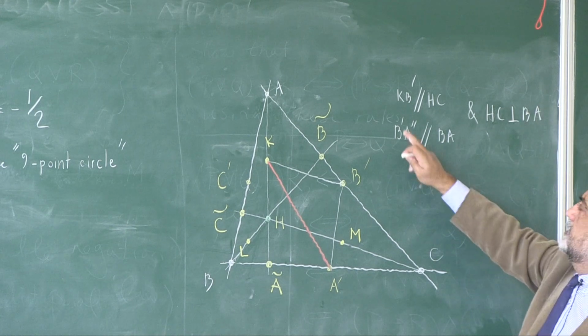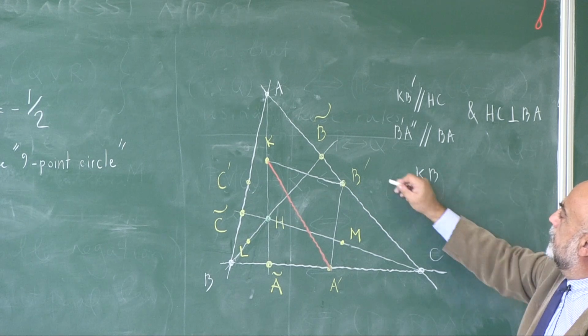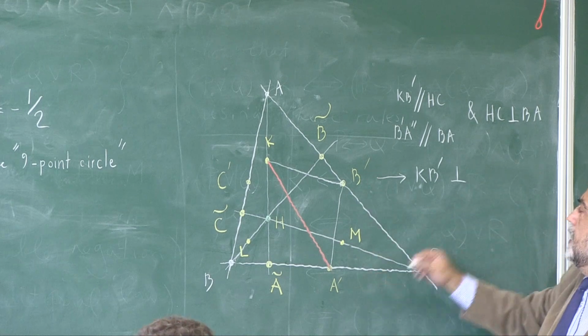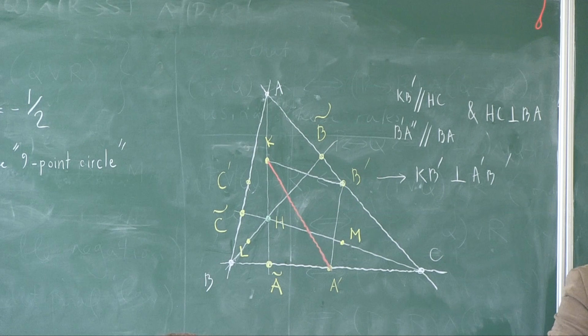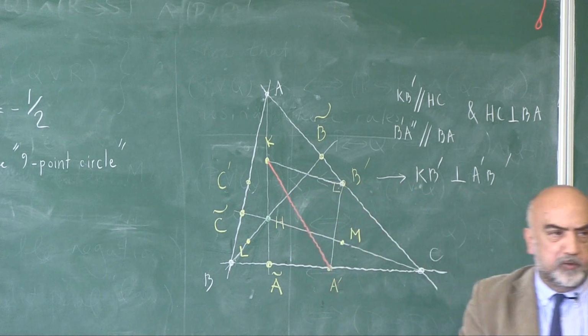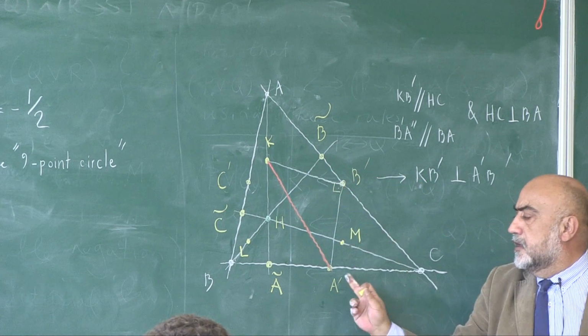Well, that tells me that KB prime is perpendicular to A prime B prime. So, done, you're finished. You have shown that this angle is a right angle. So B prime is indeed on the circle of diameter KA prime.